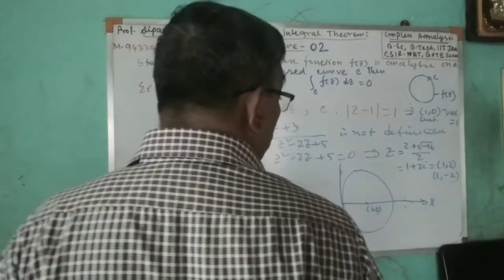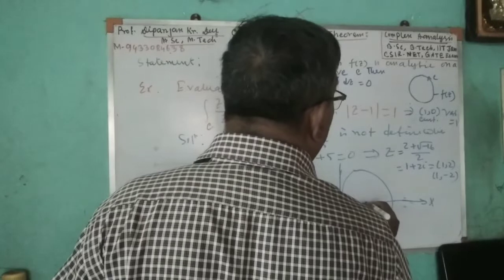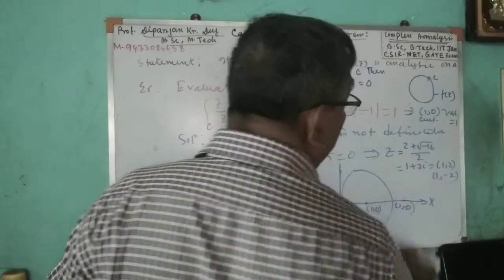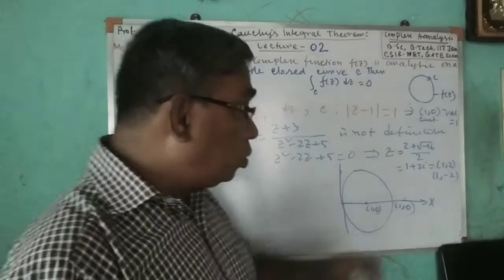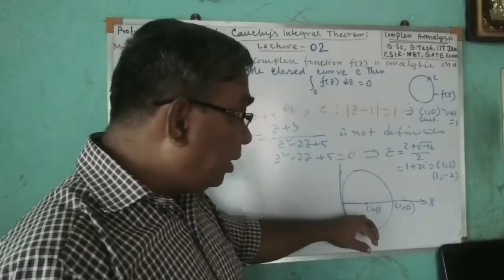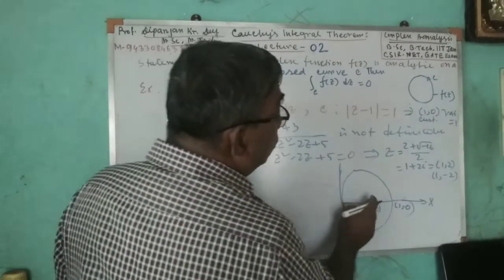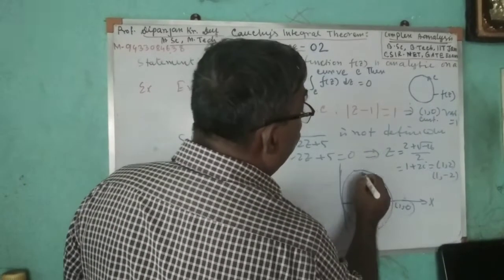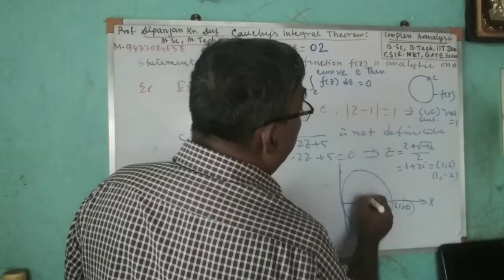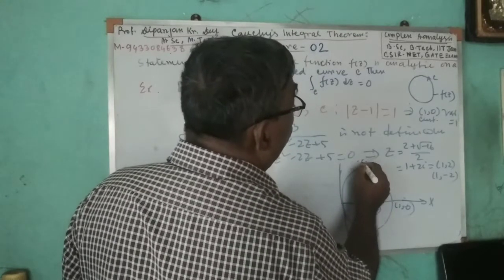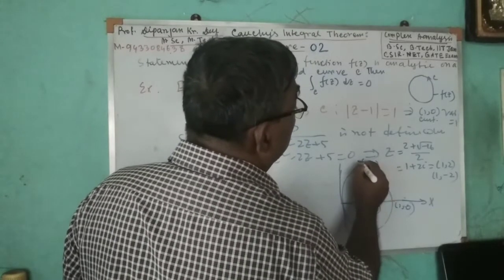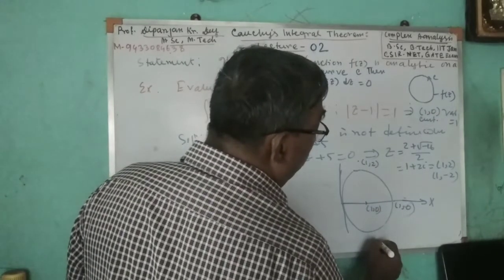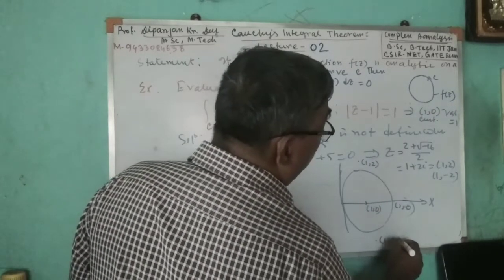Okay. So you see, from this to this is also (1, 0) because the radius is 1. And here from this to this is 1, and here it is (1, 2), which will be outside that circle. Again this is (1, −2).